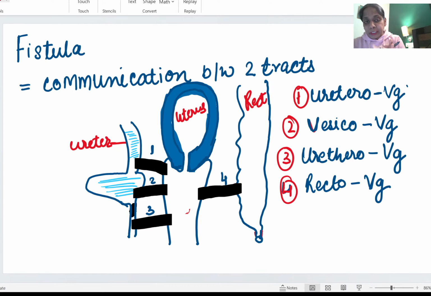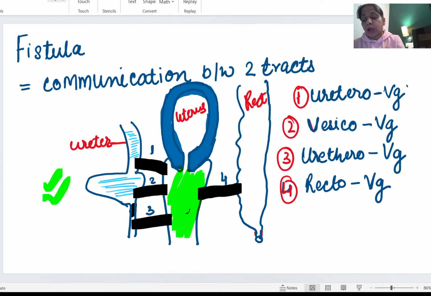So, what is fistula? Which fistulas are in our course? They are the communications between the vagina and the urinary tract. With what all is the vagina communicating?